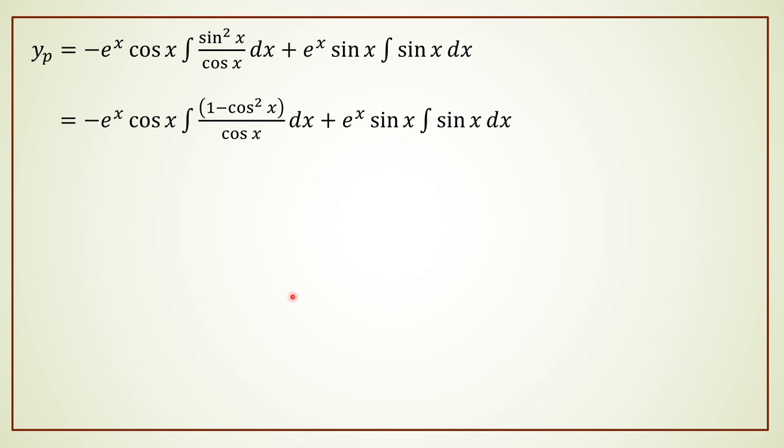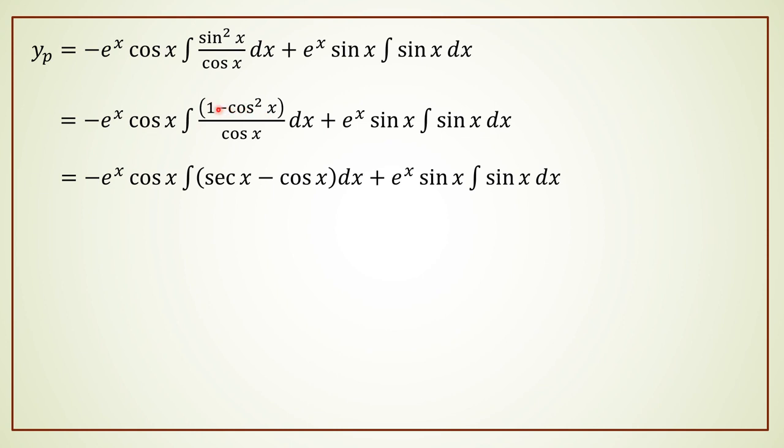Observe over here, in the case of the first integral, I can rewrite sin square x as 1 minus cos square x. So the particular integral yp is equal to minus e power x cos x integration of (1 minus cos square x) divided by cos x with respect to x, plus e power x into sin x integration of sin x dx.